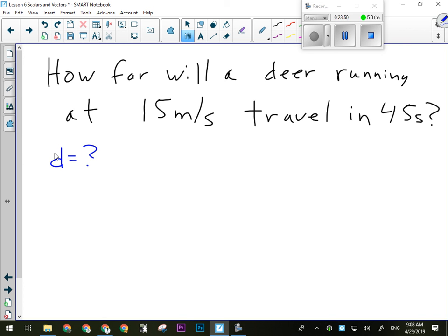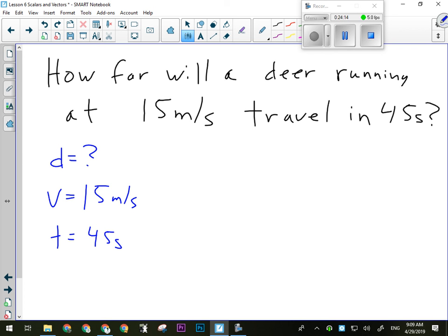Now it says it's running at 15 meters per second. What's that represent? Speed. How do I know it's speed and not velocity? There's no direction, right? And it says it's going to do that for 45 seconds, which is a time.